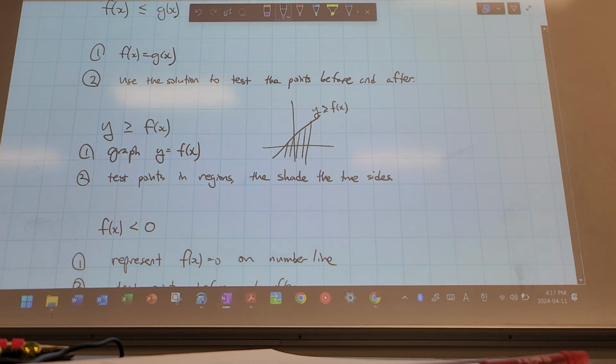Do you shade the part where it is true? If it's not equal to, then the line is dotted, not included. Makes sense?